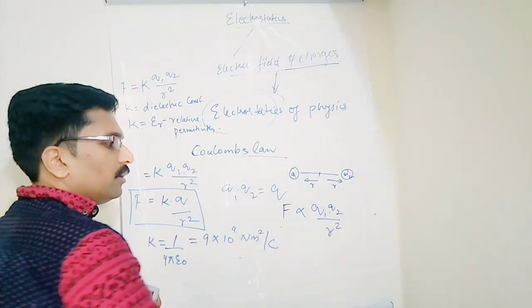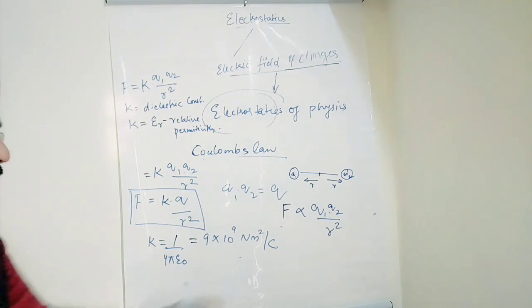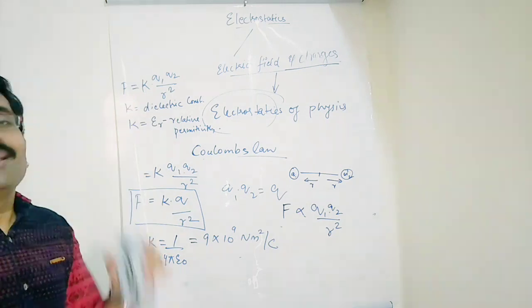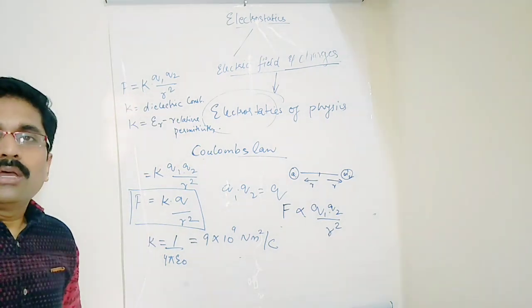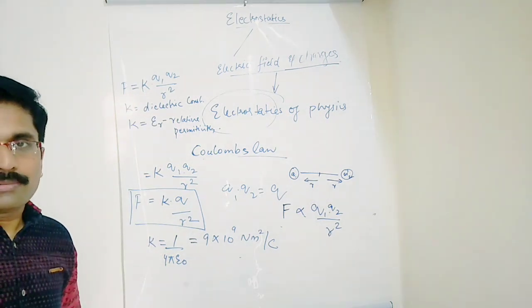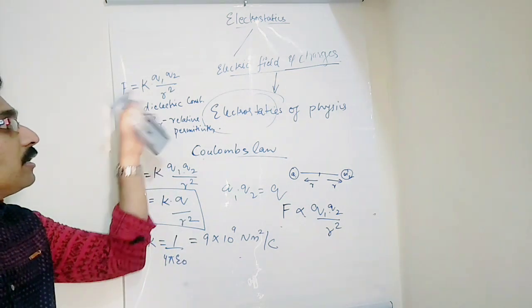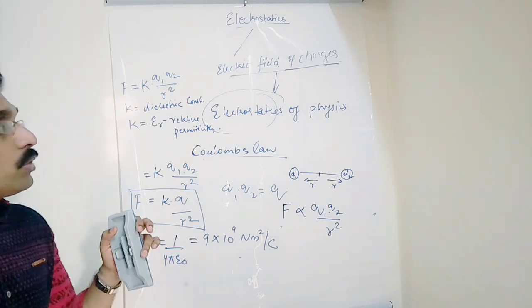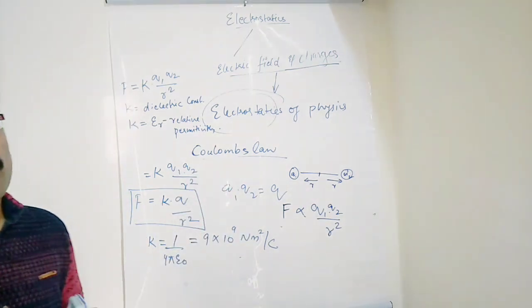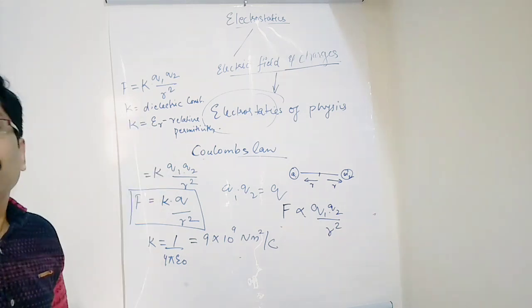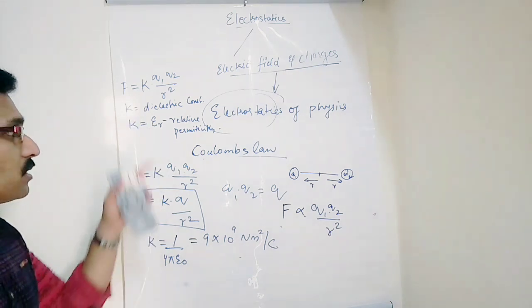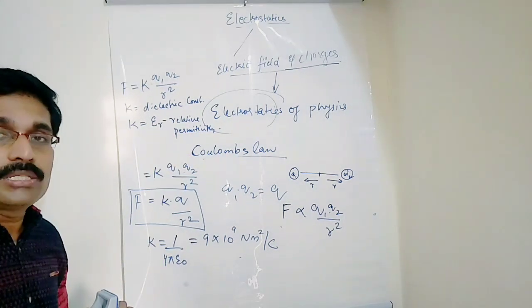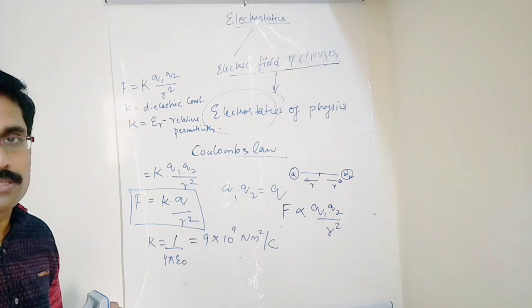So coming from there, we related the equation by replacing the proportionality sign with a letter K, which is known as Coulomb's constant. Now the equation is F is equal to K into Q1 Q2 by R square, where K denotes the dielectric constant, or it is also called the relative permittivity in free space.